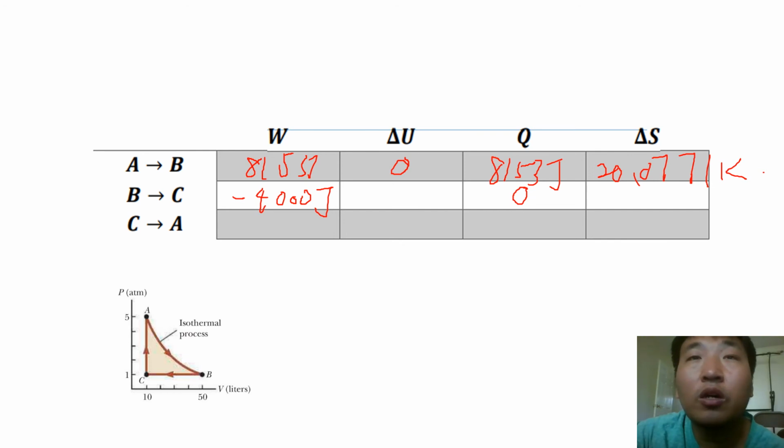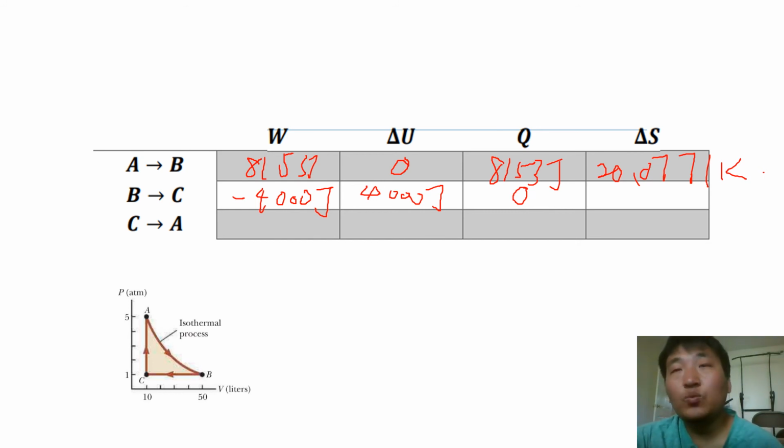That means the internal energy changes by 4,000 joule as well. And after calculating the entropy with the diatomic gas information, we get the entropy change in this process as negative 70.2 joule per Kelvin.